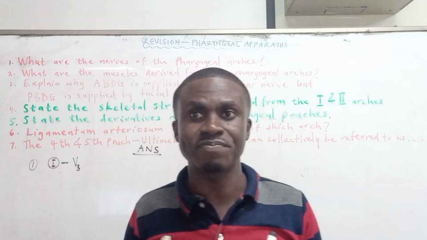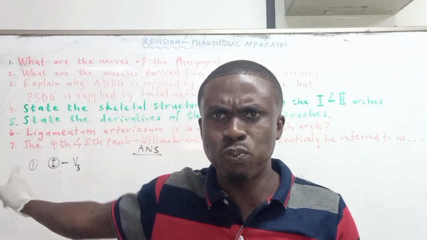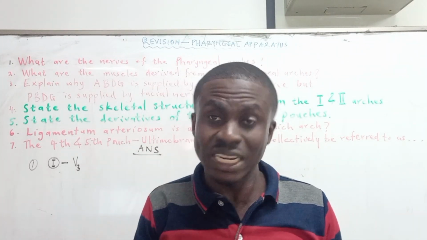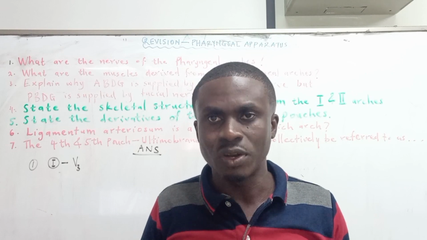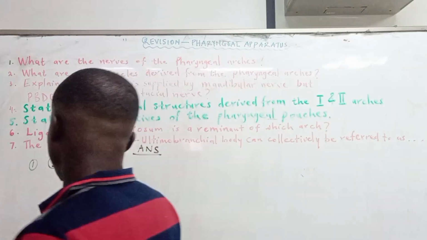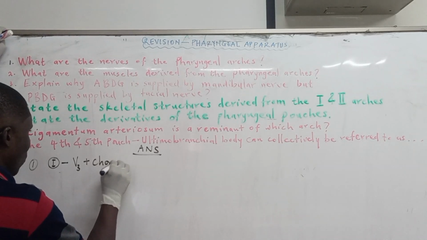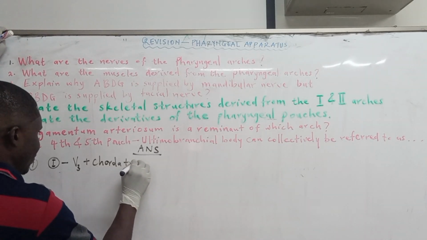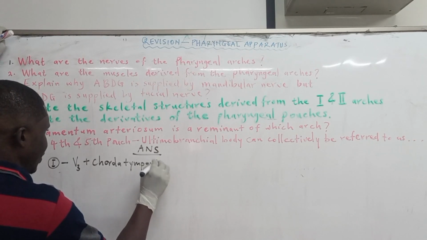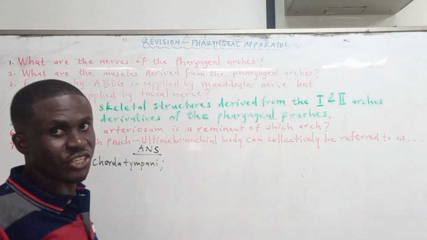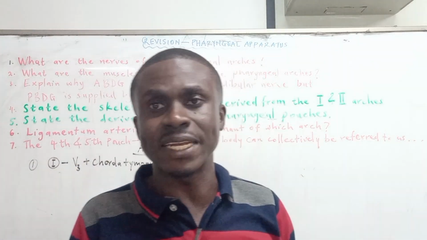It's as simple as that. That is the post-trematic nerve. So I have to be quick and tell you the pre-trematic nerve too. And the pre-trematic nerve is nothing but, of course, the chorda tympani, a branch of the facial nerve.